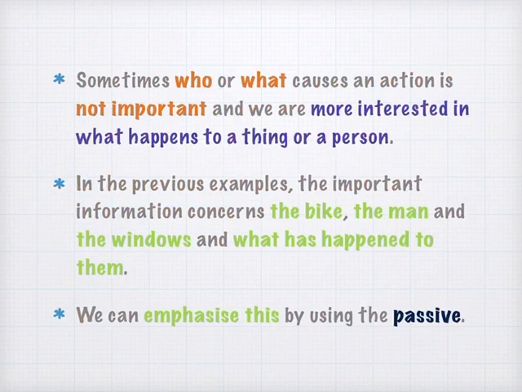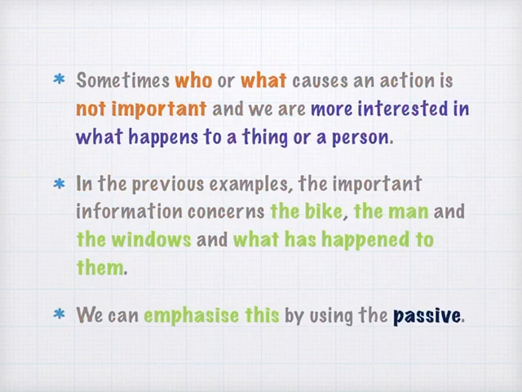Now, sometimes who or what causes an action is not important, not the agent, so it would be the subject. And we are more interested in what happens to the thing or to the person. So in the previous examples, the important information in the first sentence is about the bike, in the second sentence, about the criminal, the man, and in the third sentence, it's about the windows, and what has happened to them.